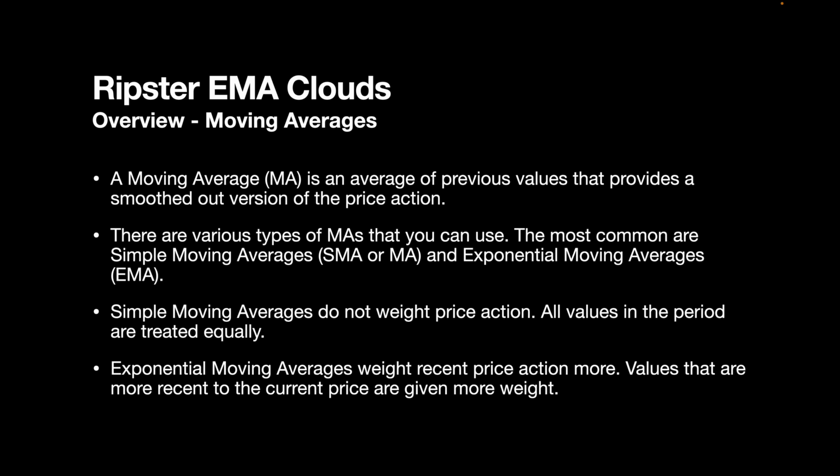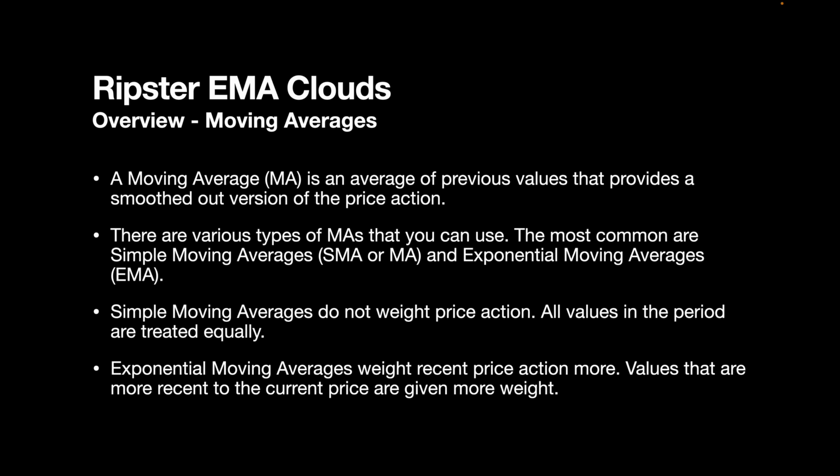And for common exponential moving averages, you can also use those same numbers. Some people like to use Fibonacci, so 5, 8, 13, 21, 34, 55, 89, etc. And then a variety of different ones you can do in between. So there's no rules around which numbers you can use. You can use whatever you like, whatever works for your system. And we'll walk through some of the ones that Ripster uses and the ones that I use as well.